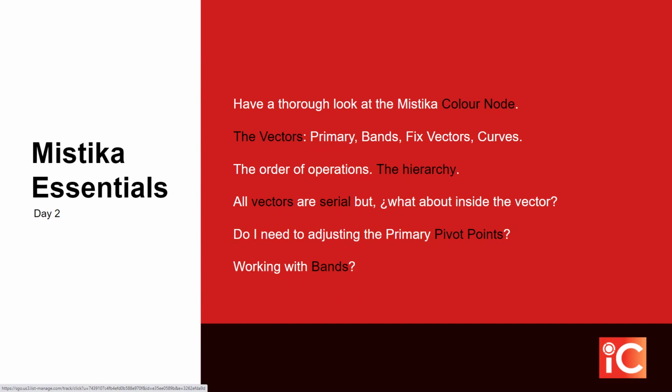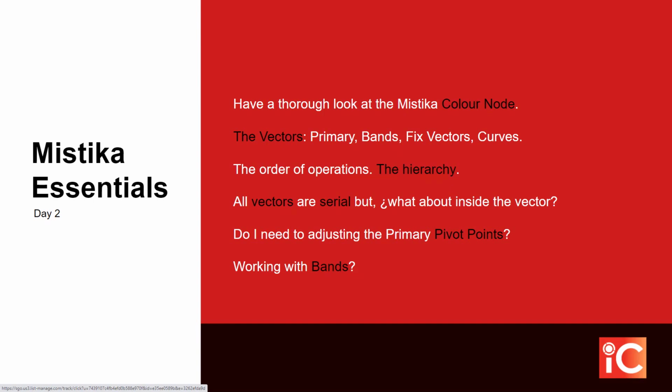So you could use them really creatively, or you could organize the vector structure and how they work. That is what I mean when I say all vectors are serial, but what about inside the vector? That's going to make it interesting.